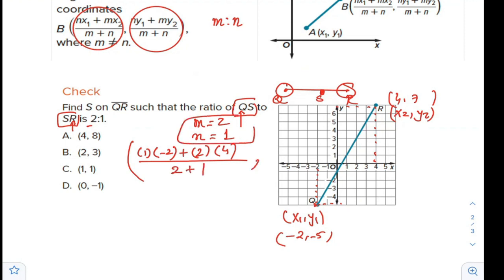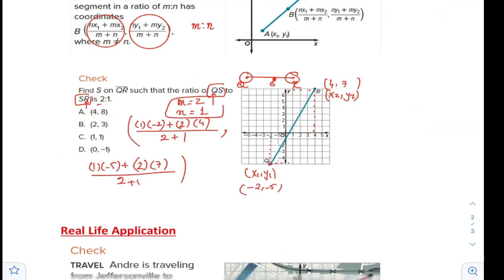This was for x. And you will repeat the same thing for y, the other coordinate, which is y now. ny1, 1 times -5, plus my2, so it is 2 times 7 over 2 plus 1, and I close the bracket.